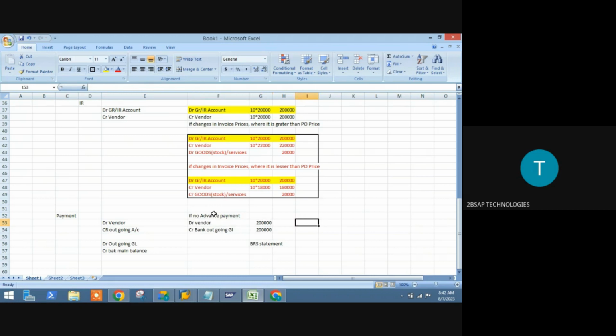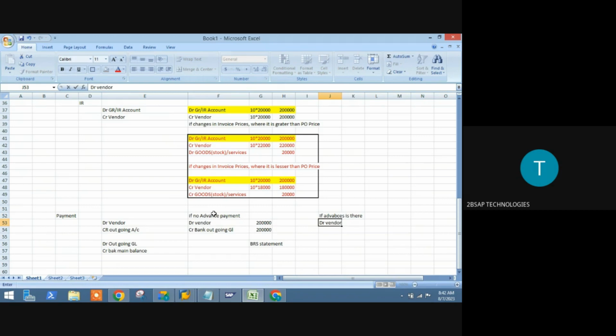That means if advances are there, then debit vendor.